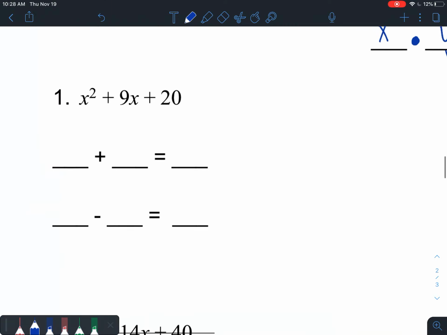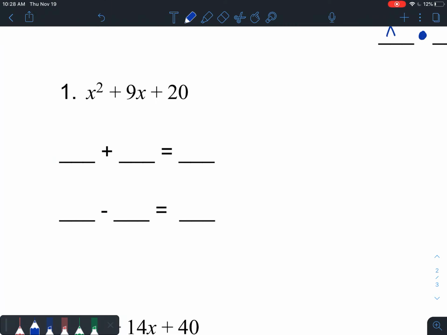Let's jump into a few examples. So here, I need to add to be b, and I need to multiply to be 1 times 20. So then I need to think of two numbers that add to be 9, but multiply to be 20.